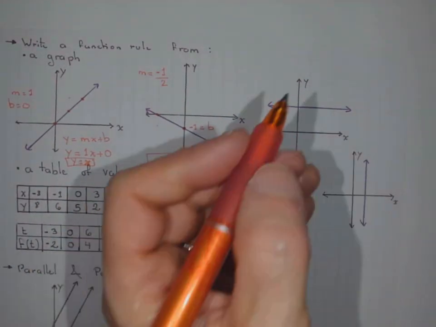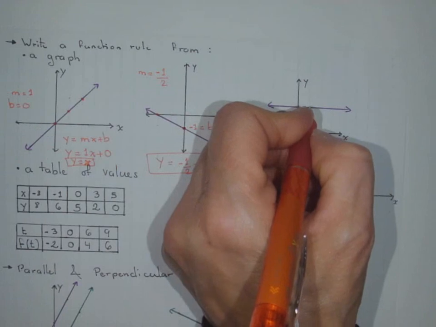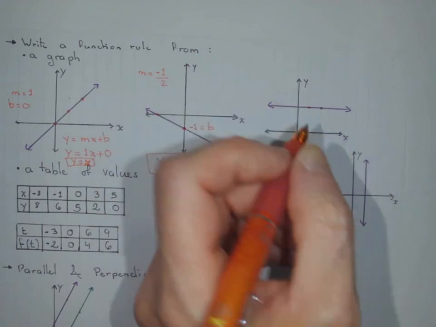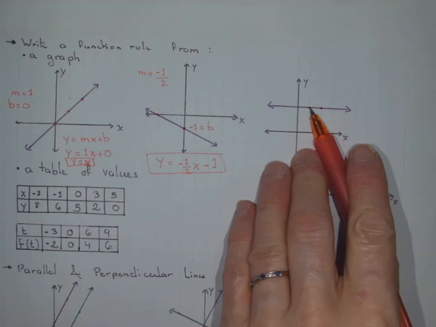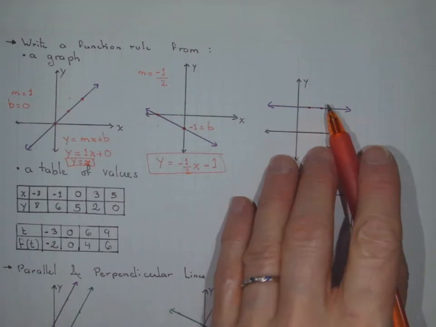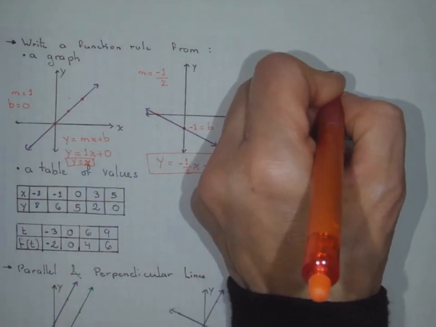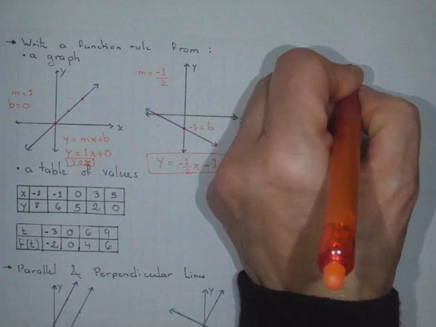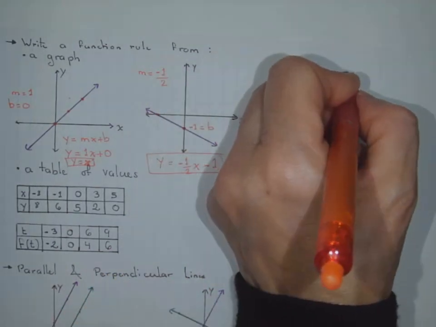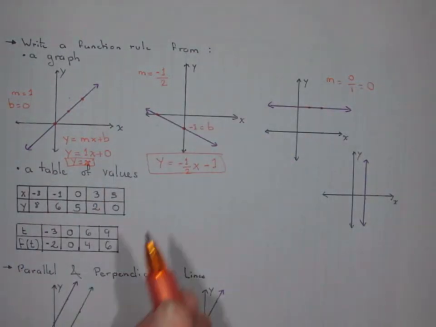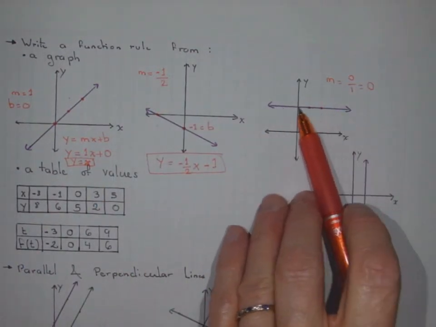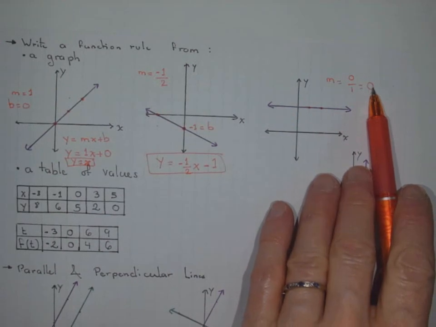Okay, this one, when I'm looking for a corner point and I go to the next corner point, I don't go up and I do not go down, and I go over 1. So this here for the slope will be not up, not down, 0 over 1. And 0 over 1 just simplifies to 0, right? So you just have to remember horizontal lines have slopes of 0.